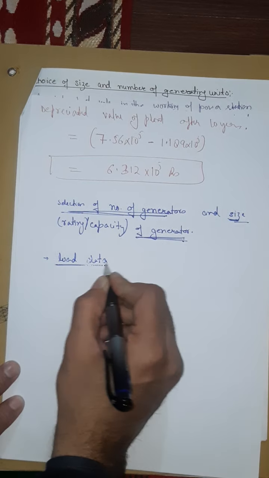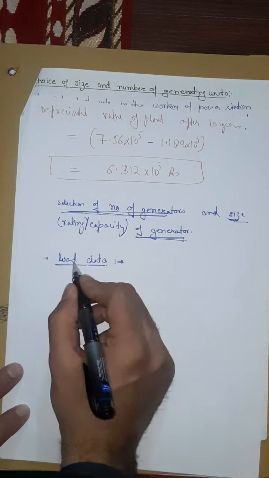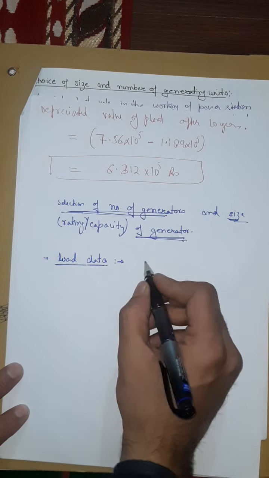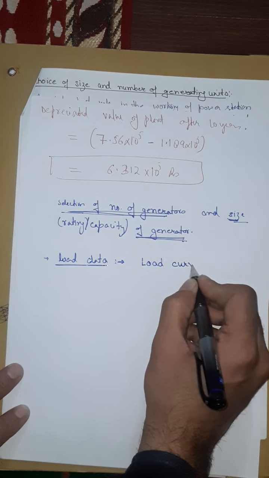So the most important thing is load data. If you have load data, with the help of it you can draw the data in the form of a curve, which is called a load curve.